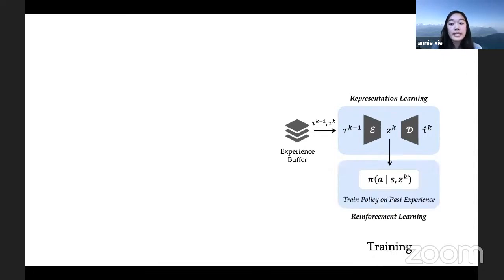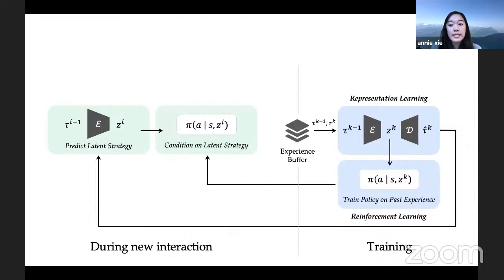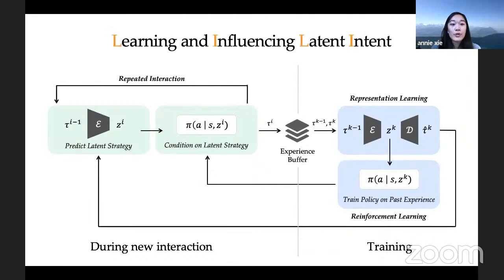Then we train a policy conditioned on this representation so that the agent can react to the other agent. Putting all this together during a new interaction, the encoder predicts the other agent's latent strategy. The ego agent then carries out the policy conditioned on this prediction, and this process repeats. We call this whole framework learning and influencing latent intent, or LILI.